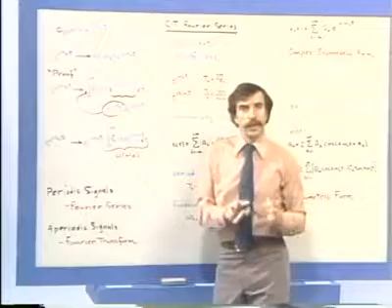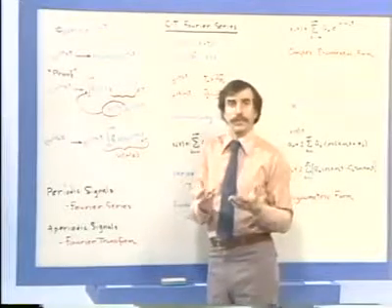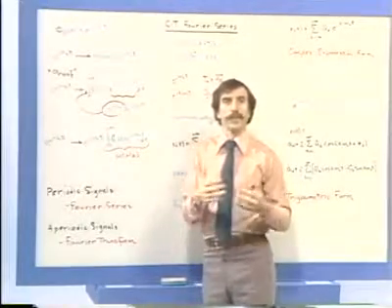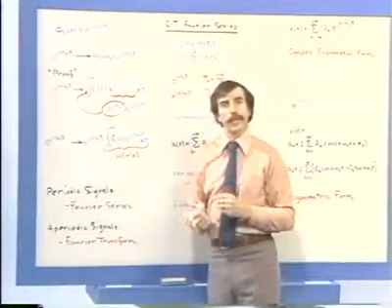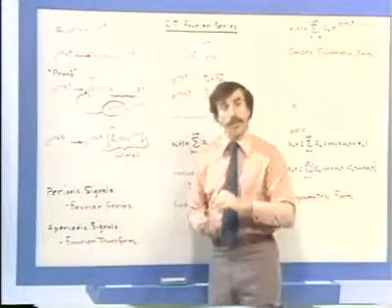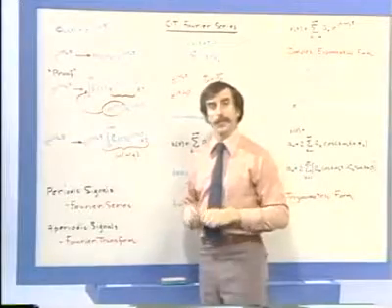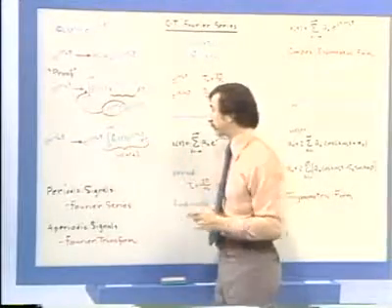Eigenfunction meaning that an eigenfunction of a system or a mathematical expression is a function which, when you put it through the system, comes out looking exactly the same except for its change in amplitude, that change in amplitude being the eigenvalue.